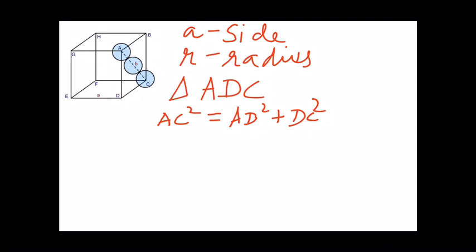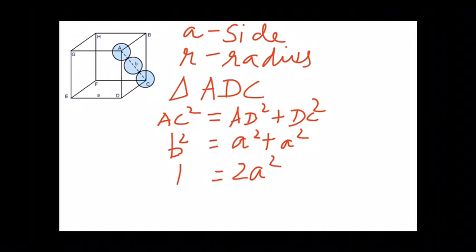Now what are AD and DC? They are sides of the cubic unit cell. Hence we can put it as a square plus a square, and AC is marked as b. So b square is equal to 2a square.